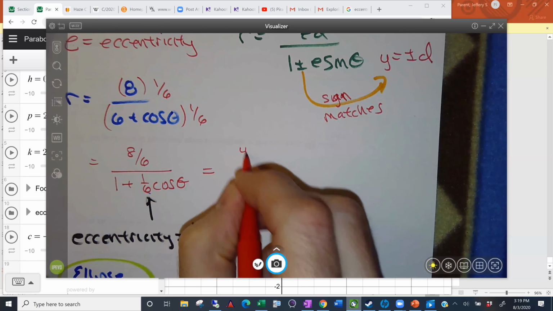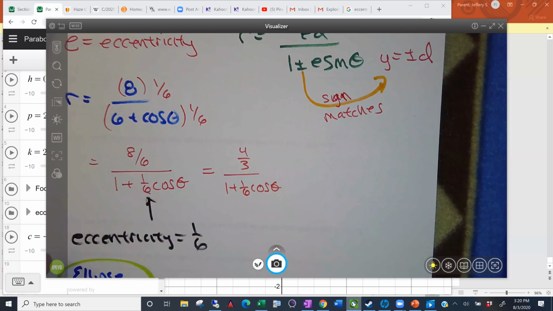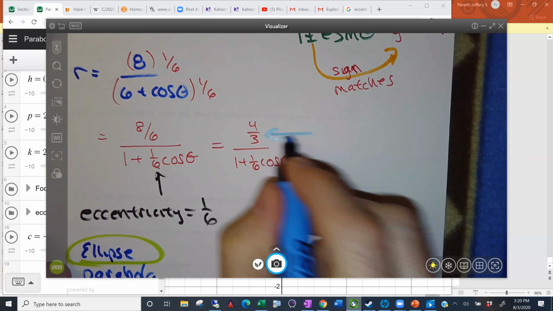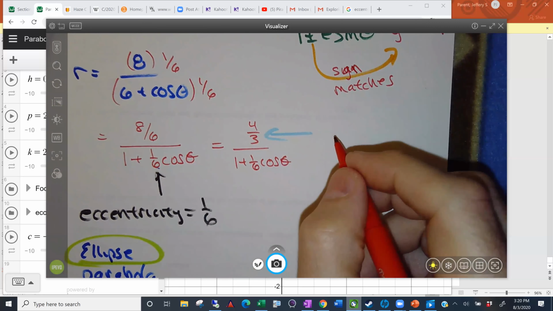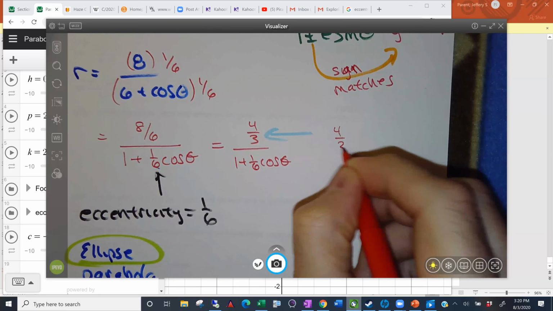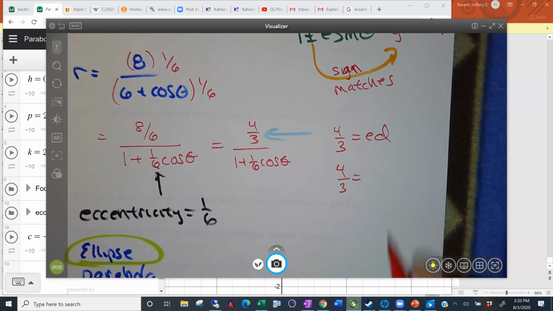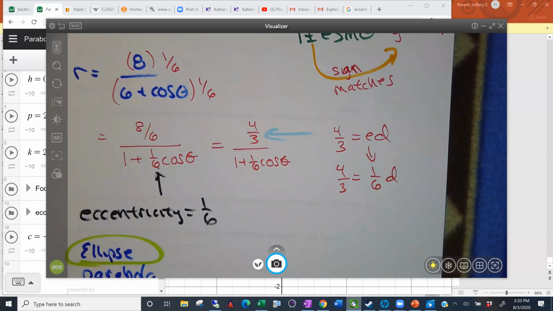Let's rewrite that as 4/3 over 1 plus 1/6 cosine of theta. And that numerator is E times D. Okay, so let's think. 4/3 equals E times D, but there's good news here. I know what E is. E is 1/6. So I can use that to figure out what D is.